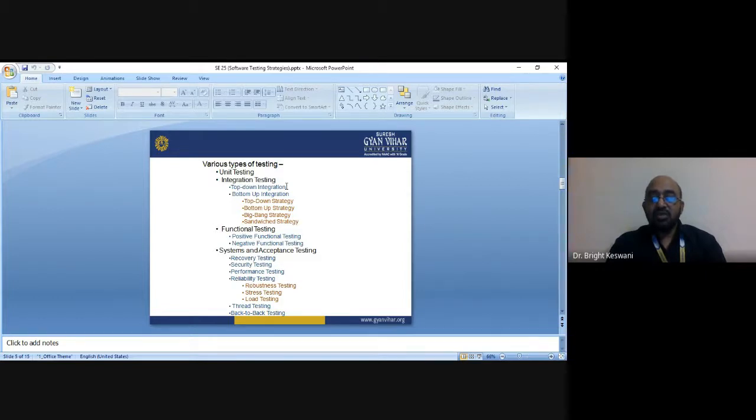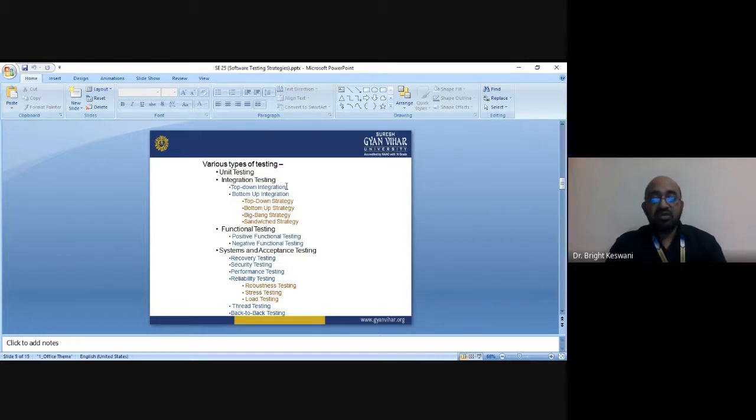Top-down integration is basically an approach where modules are developed and tested, starting at the top level of the programming hierarchy and continuing with the lower levels. It is an incremental approach because we proceed one level at a time, and it can be done in either depth or breadth manner.